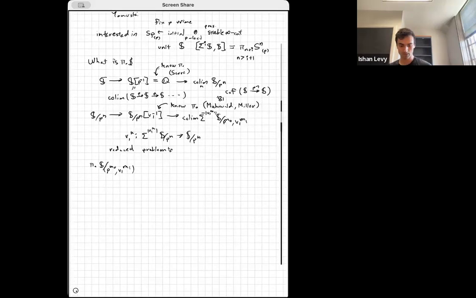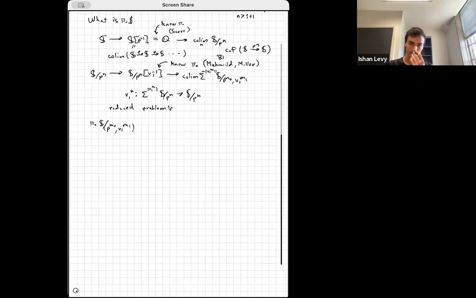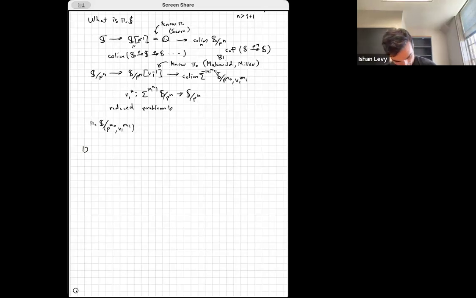So namely, I'll just tell you what we know about how this process keeps going. This really comes from the work of Devinatz, Hopkins, and Smith.